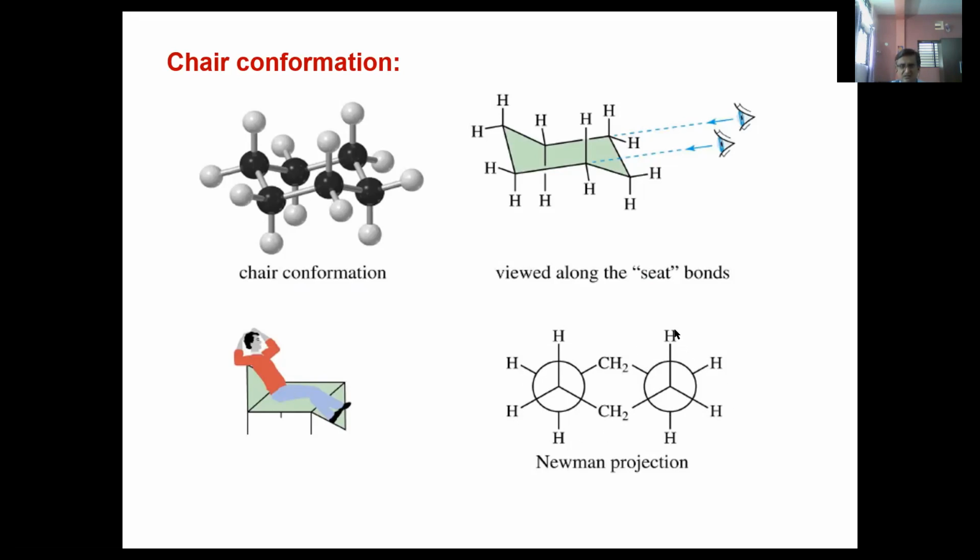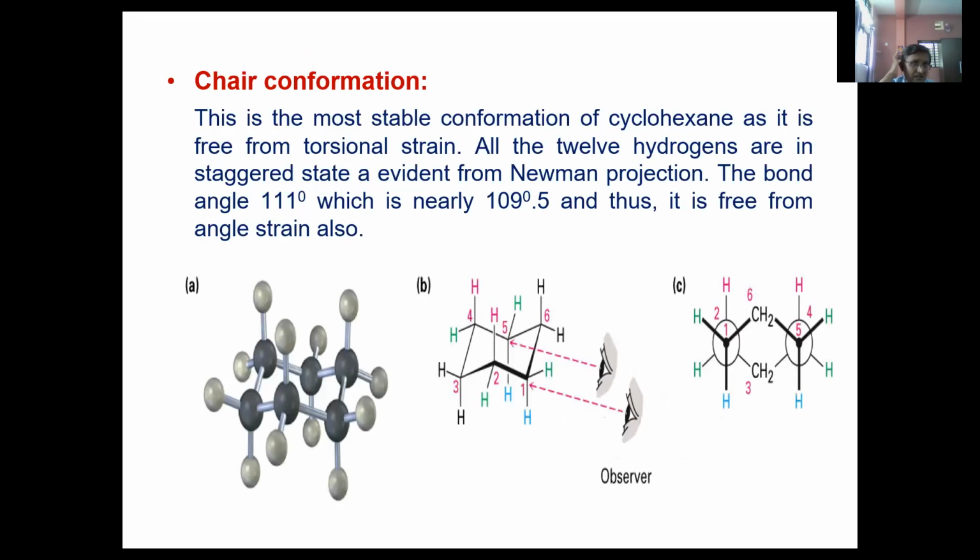So therefore, this becomes more stable because it is not going to experience any internal strain, and no steric repulsion is present in this type of structure. It is the chair conformation of cyclohexane, which is totally free from all kinds of strain.